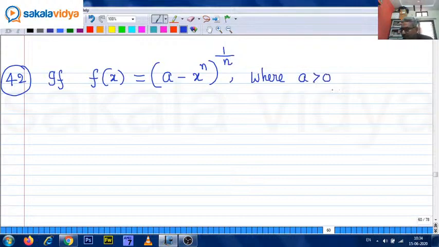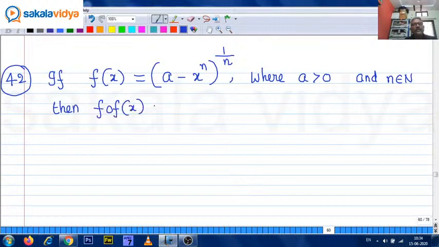Conditions are very important in mathematics, but for us it's very important. And n belongs to natural numbers. Then f circle f of x equals: first option is a, second option is x, third option is x to the power of n, fourth option is a to the power of n.